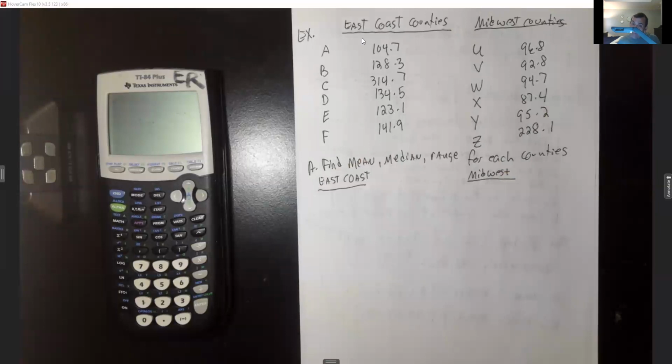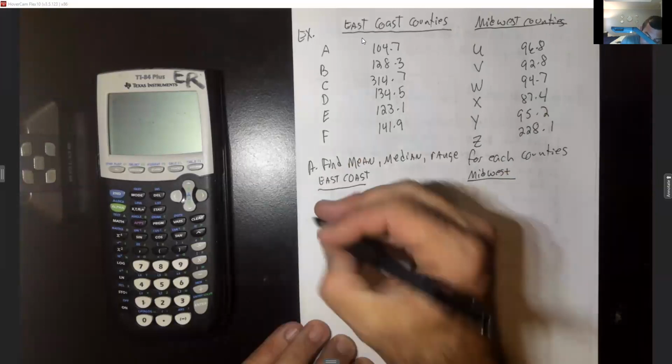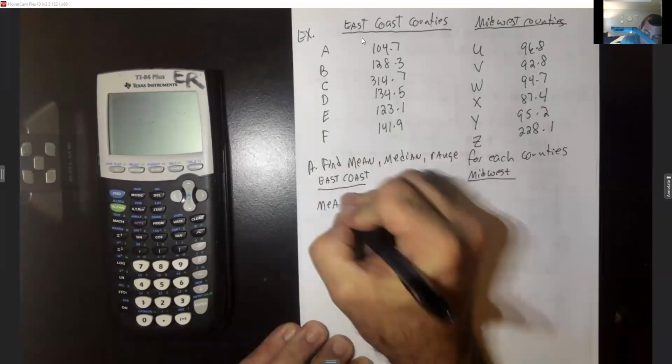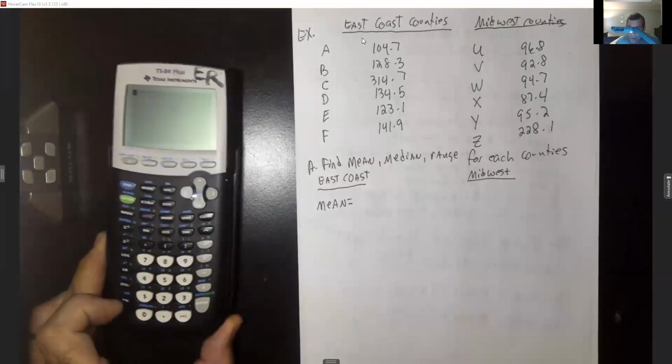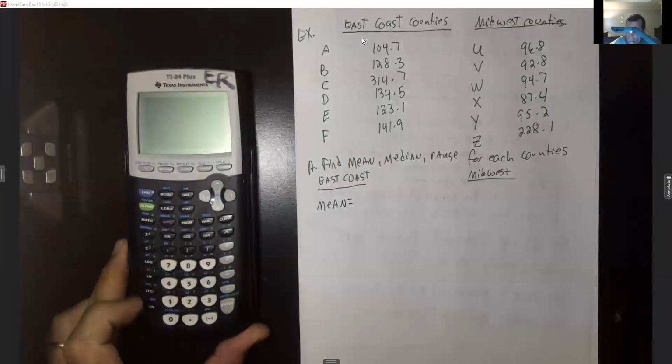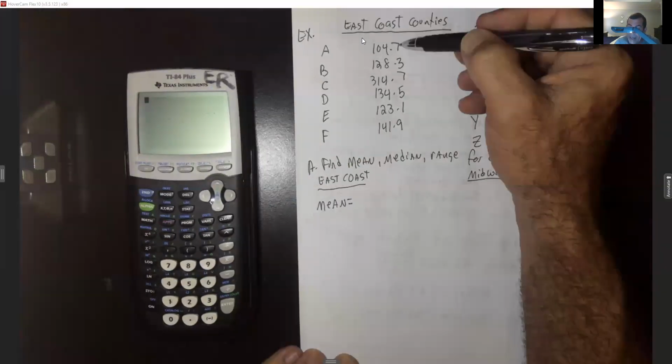So we're going to find the mean first. We'll be wanting to use our calculators for this, but for the mean, I'm going to add all these scores up and then divide by 6 because that's how many I had.